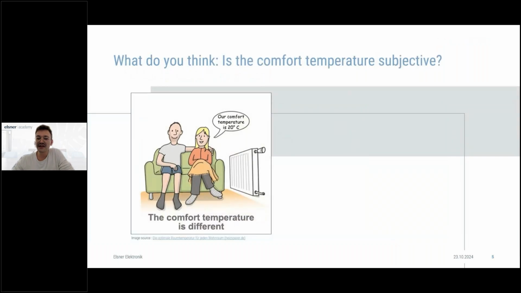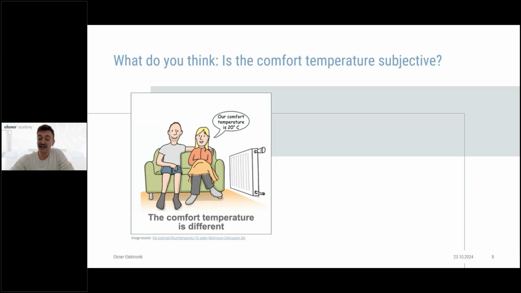Another question. What do you think is the comfort temperature subjective? I think everyone knows the situation that you can see in the photo. The heat sensation of people is very, very different. Nevertheless, comfort can also be achieved with relatively low room temperatures in comparison.